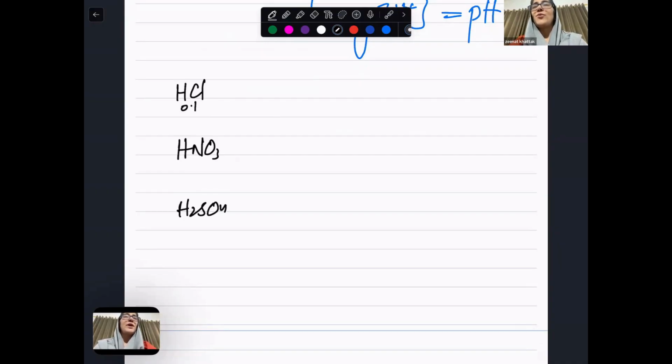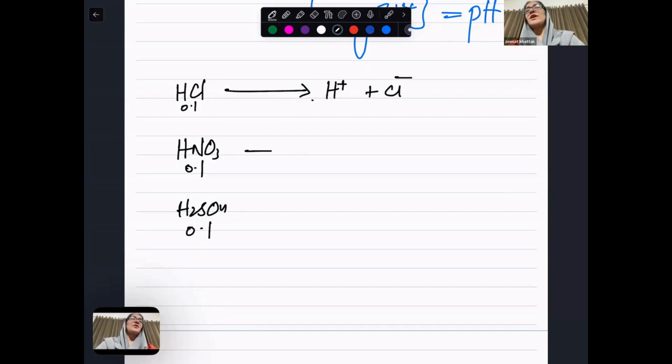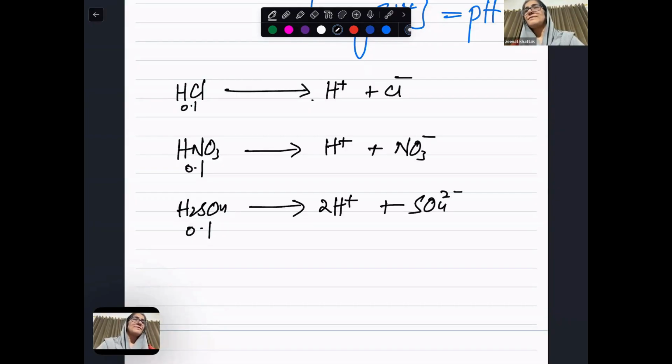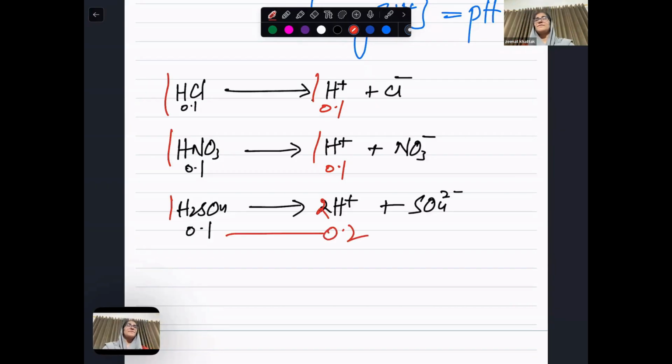And they are each 0.1 mole per dm cubed. Now, H plus Cl negative, H plus nitrate, and H plus 2 times with sulfate. It's 0.1, 1:1, 1:1, but since 1:2, it is 0.2.